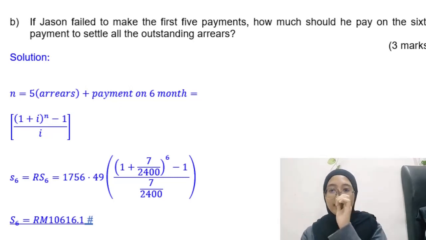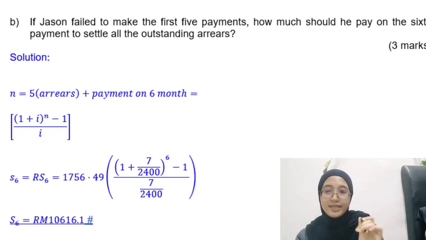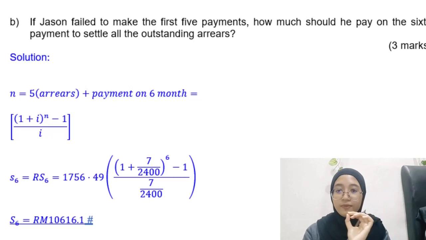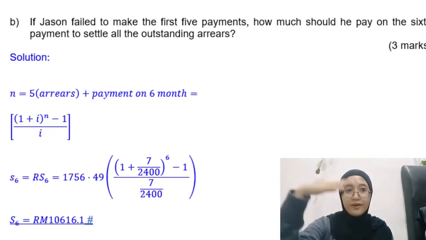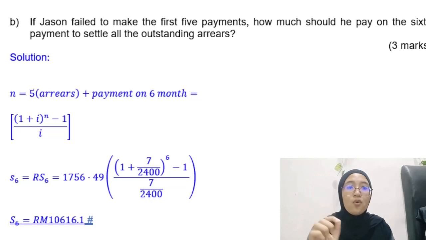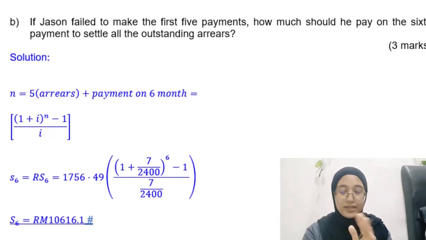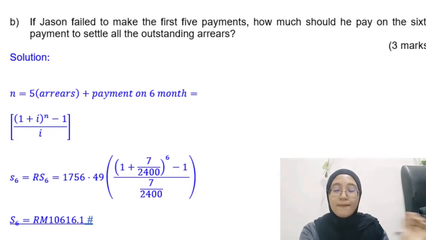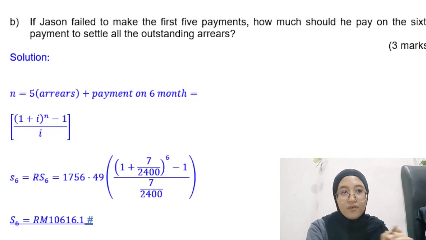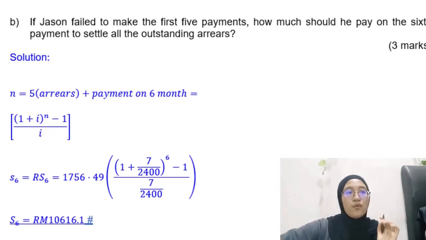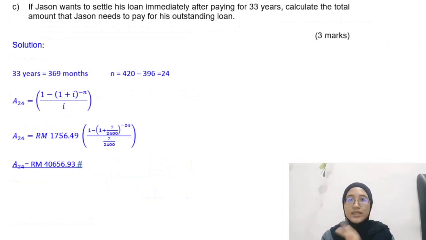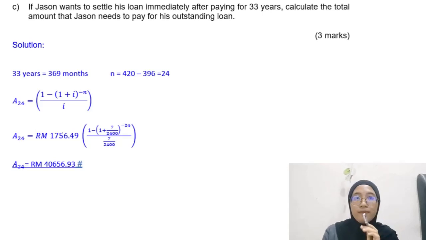Then you can use the S formula as S6 equals to 1756.49 big bracket, then over the above you can put the small bracket, 1 plus 7 over 2,400 close the bracket, power of 6 minus 1 over 7 over 2,400, then you close the bracket, then you got the S as RM10,660.01.